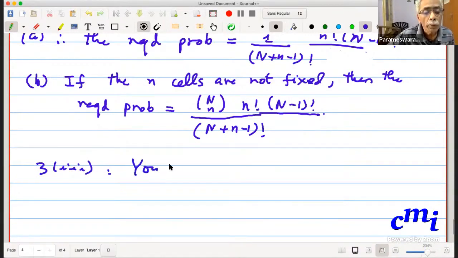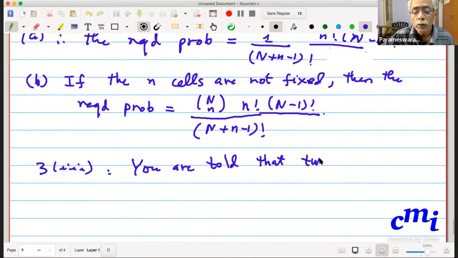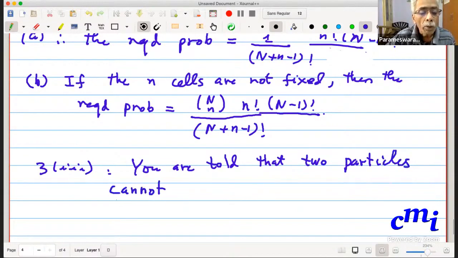You are told that two particles cannot occupy the same cells.